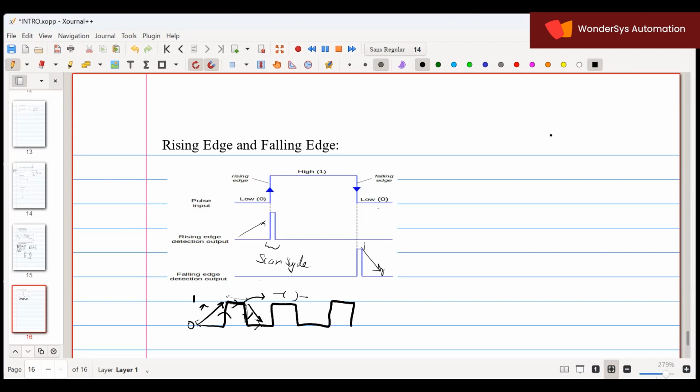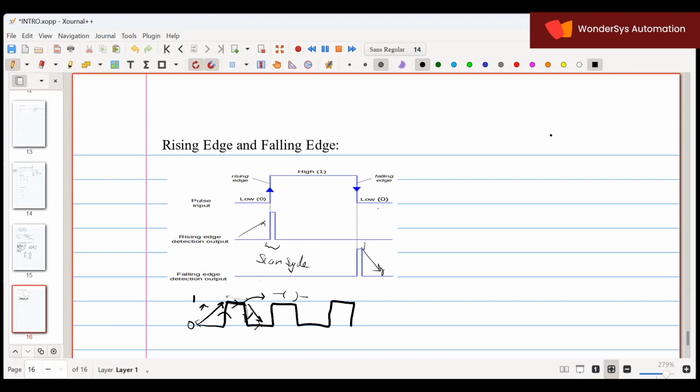Now, whenever we take a NO contact, there is a special option for selecting the rising edge or falling edge, or we can say up or down, positive or negative. During this tiny period, we can energize our outputs. Shall I show it in the program?